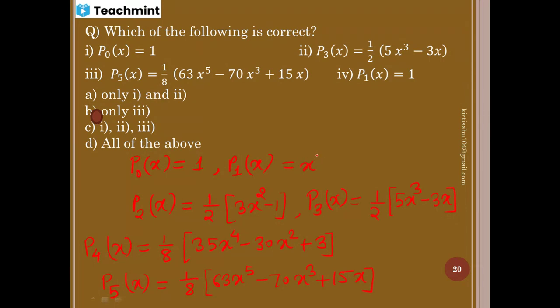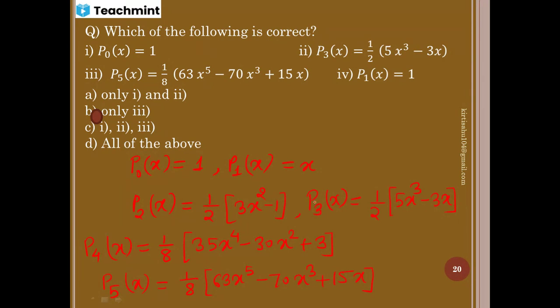So what we should get? x power 1. Now, P2 of x, power 2. So highest power term must be 2. Again, as this is an even number, you will find all the terms of x with even power. So what is the next term? That is x power 0. x power 0 means constant term would be there.